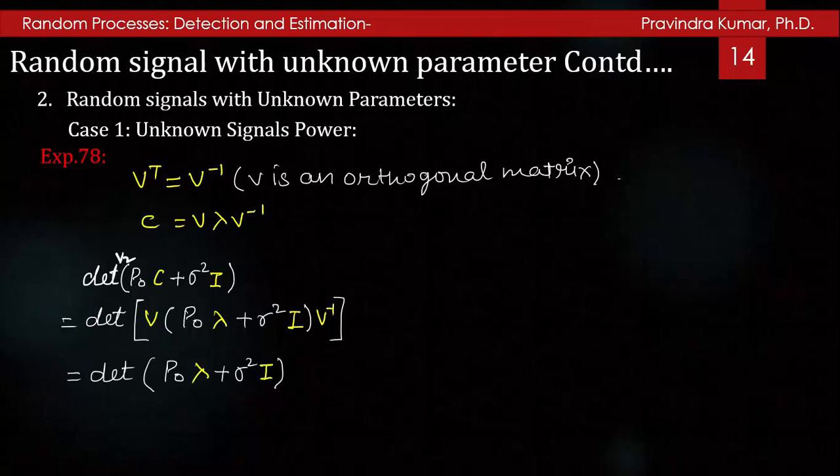I can write it as the determinant of P naught lambda plus sigma square I, and it will be equal to the product from i equals 1 to n of (P naught lambda i plus sigma square).